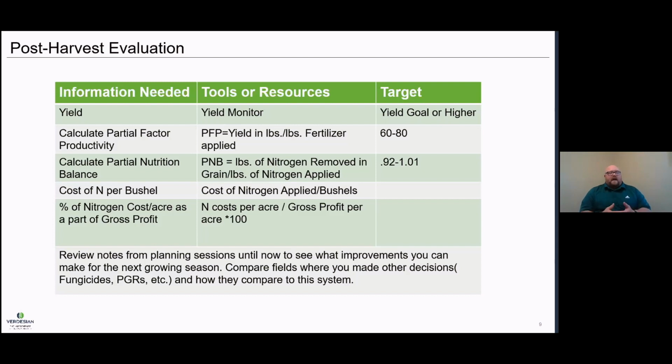Because if I can do that, right, I know that I'm doing what's best for my operation from an economic standpoint. I'm doing what's best for my community and my neighborhood and everything else from an environmental standpoint. And I know that I don't have to make big changes all the time. That it's just these little nuances that make a difference.